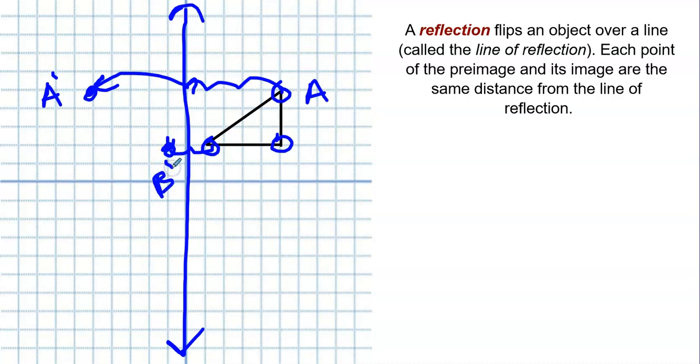Let's call that point B prime. And then C is 5 away from the y-axis, so C prime is too. What you'll notice is that the direction of the object is flipped horizontally, but that's what happens when we reflect an object over the y-axis.